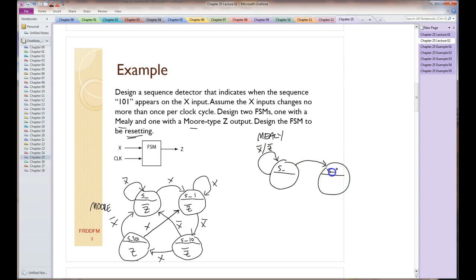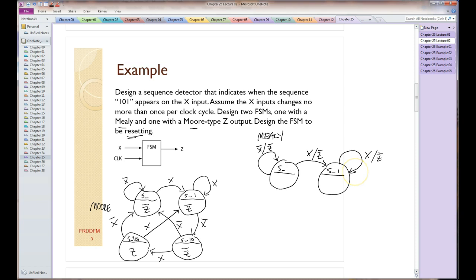This is S underscore 1, X, and that means I got a 1, but the output Z is still 0. I haven't found 101. Okay, from this state, I got 2 arrows exiting that state. That's good. So very similar to the other diagram. If I get an X, I stay in that state.